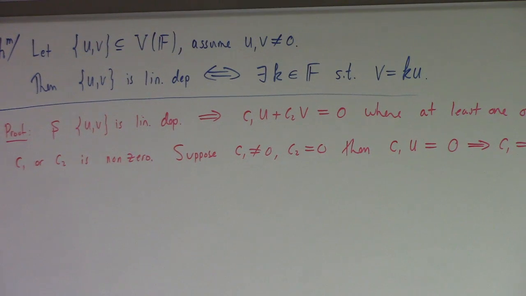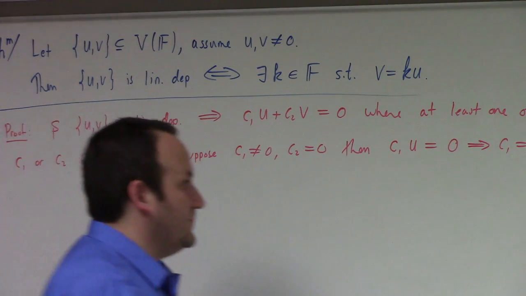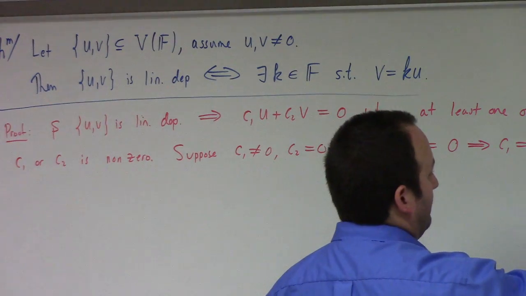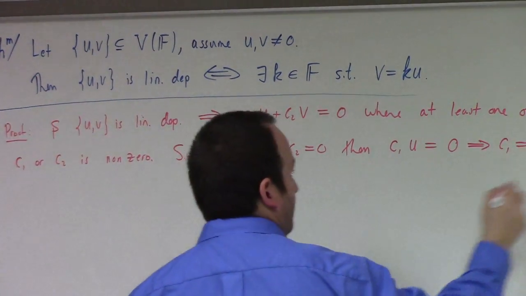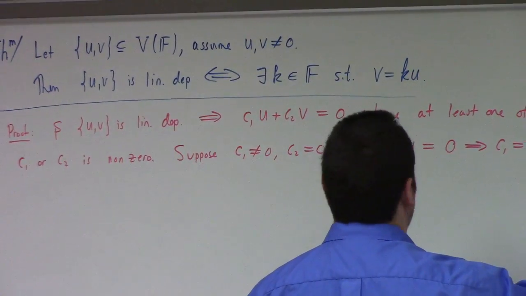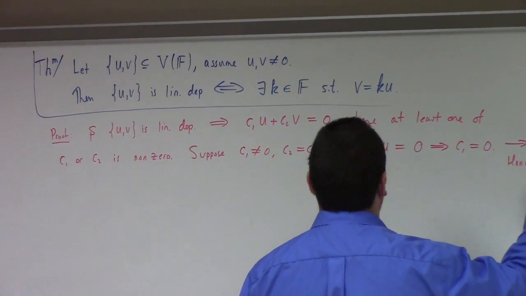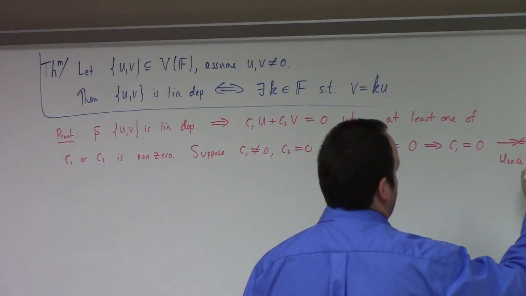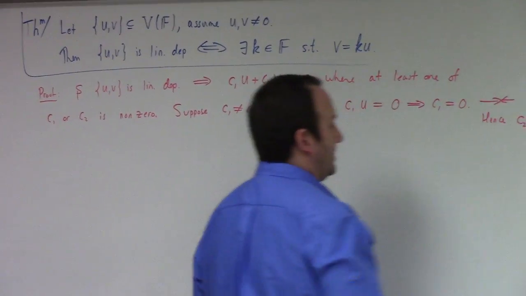That's my point, C1 can't be 0, so this is obviously a contradiction, right? Hence what? C2 is not equal to 0, right?